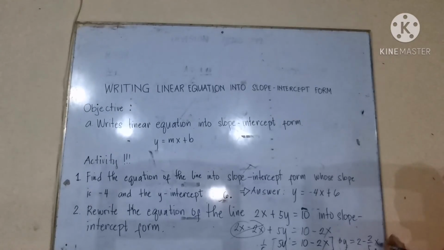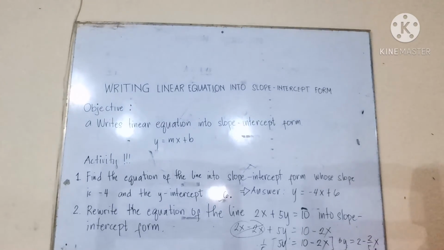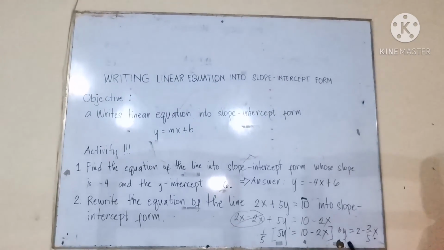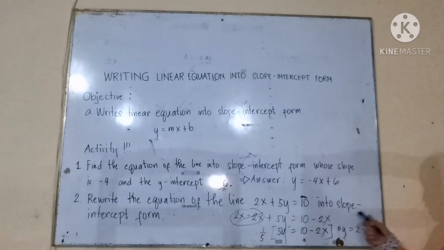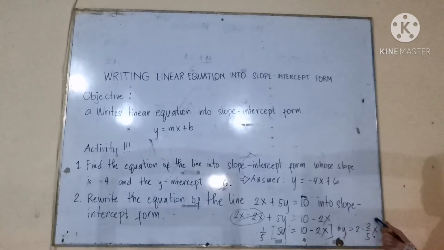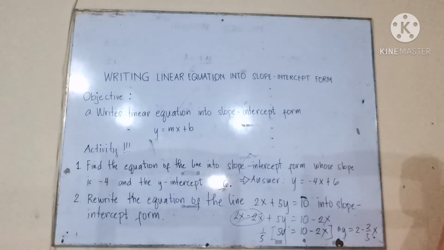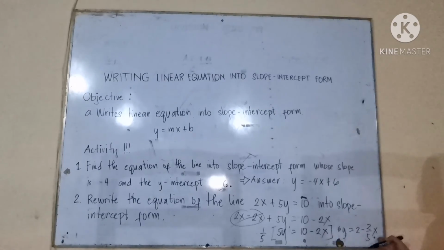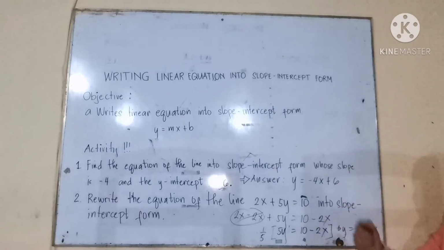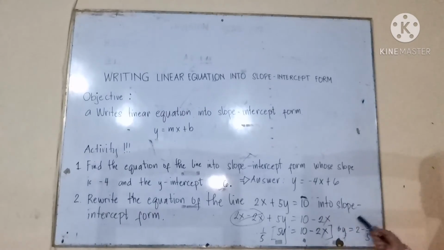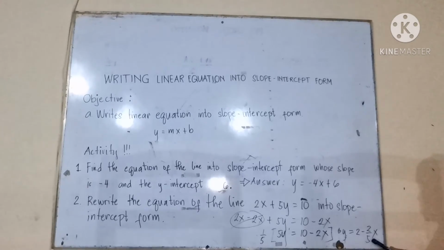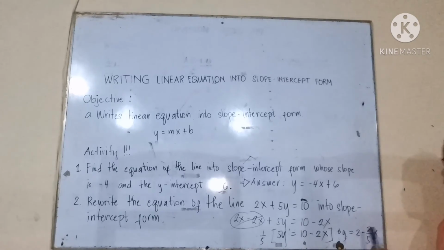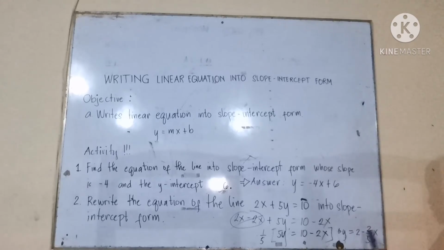So in this equation, y is equal to 2 minus 2/5 x. Is it already in slope-intercept form? We are almost there, because we're just going to arrange this one. The slope, negative 2/5, comes first before the y-intercept, which is 2.